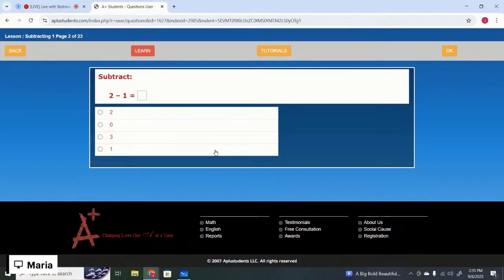Two take away 1 is 1 because you have to go back by one digit. So 2 take away 1 is 1.